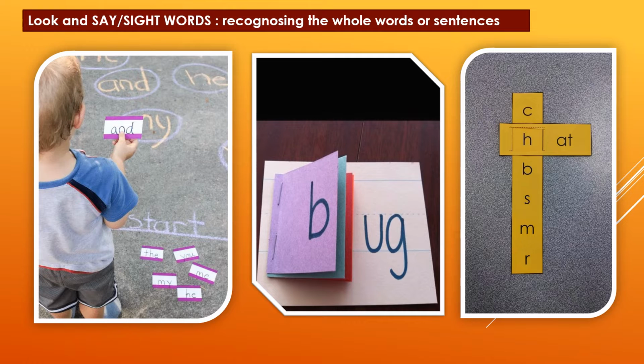So maybe after B it is J, it can be jug or rug or any word that can combine with U and G. And this is another form of using the same sound with different consonants. It can be cat, hat, bat, sad, mad, and rat. Okay, so that is the example of look and say, or we call it sight word. So teach them a lot of sight words before you ask them to read a paragraph or a text.